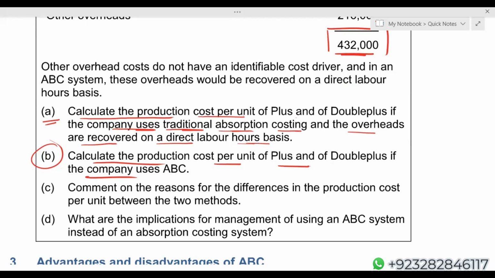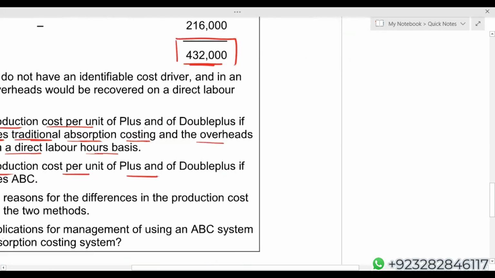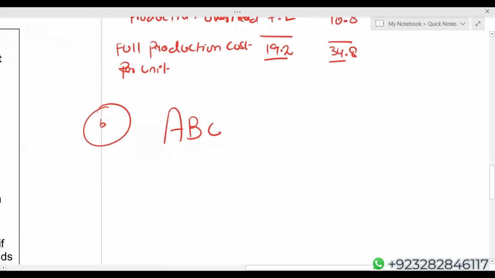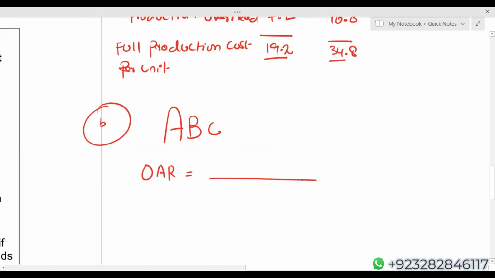So the overhead absorption rate under ABC is the cost pool divided by the total of the cost driver.